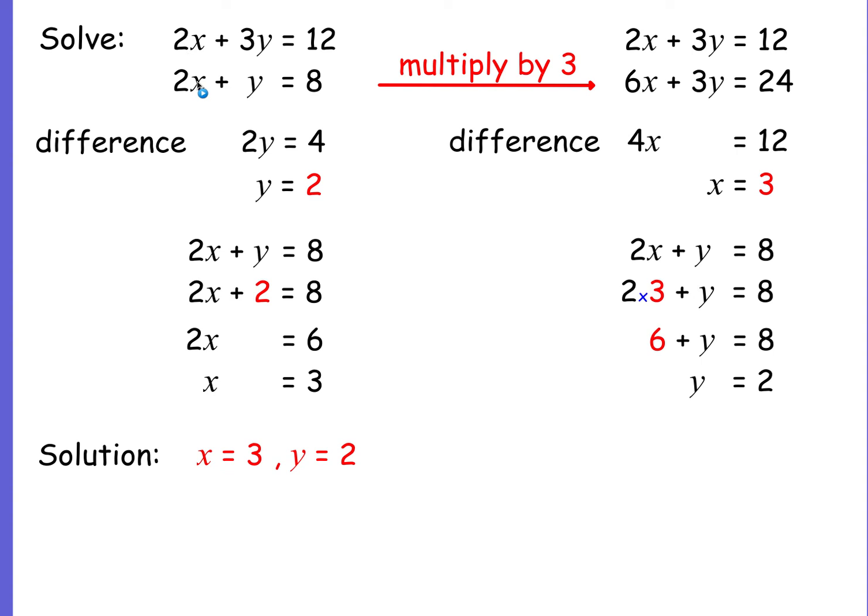Here I multiplied this equation by 3 and made the same y terms, and now they eliminate. You either make the same x terms in each equation or you make the same y terms. It doesn't matter which, you'll get the same answer anyway. Sometimes one is easier than the other. I would say the one on the left is probably easier than the one on the right because you can straight away eliminate the x's.